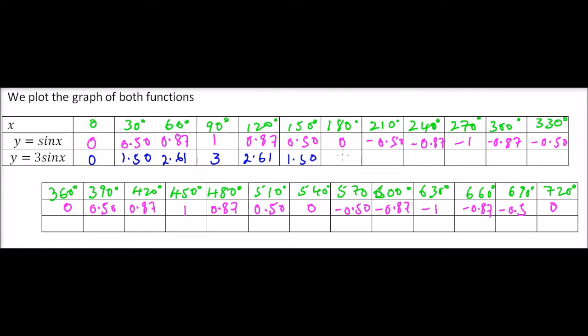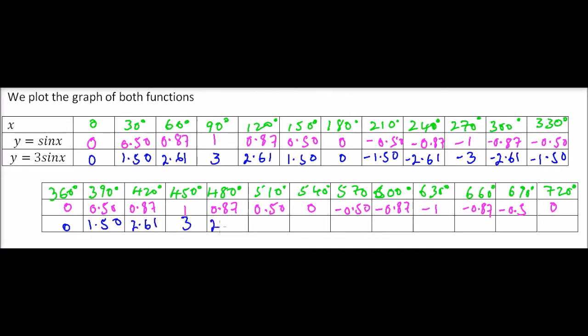1.50. We have 0, minus 1.50. This is minus 2.61. This is minus 3, minus 2.61. Then minus 1.50. Then this is 0. This is 1.50. This is 2.61. This is 3.